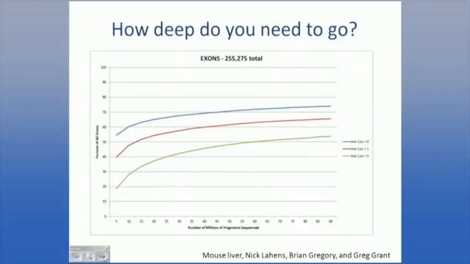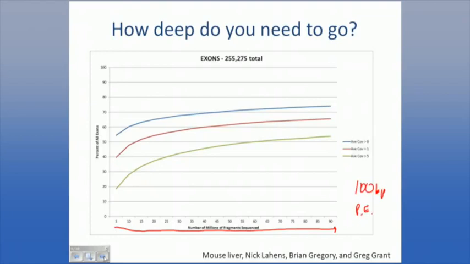That prompts the question, how deep do you actually need to go? So here on this graph, we've taken mouse liver and sequenced it at up to 90 million reads of 100 base pair paired end sequence.